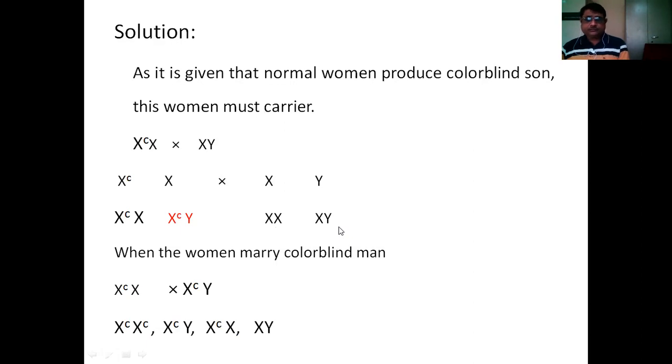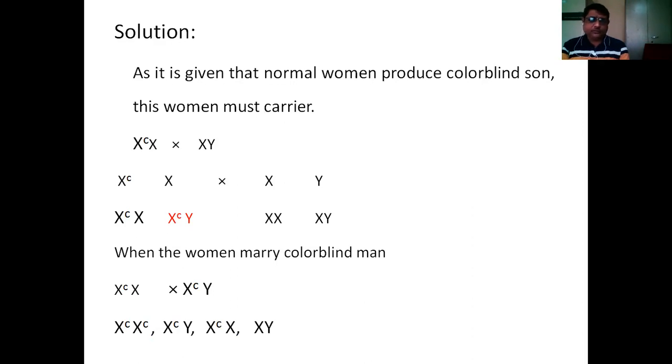That means among the female progeny, 50% will be carriers and 50% will be normal, whereas among the male progeny, one male will be color blind, while the other will be normal.